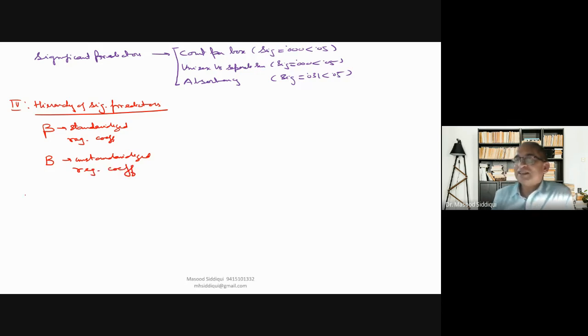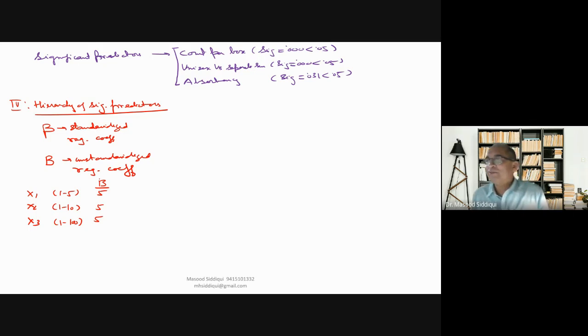Now let us take 3 predictors, x1, x2, x3. x1 is on a scale of 1 to 5, x2 is on a scale of 1 to 10, and x3 is on a scale of 1 to 100. And here all the b values are 5, 5, 5. If we look only at the b values, it appears all 3 predictors are equivalent because they show the same value.